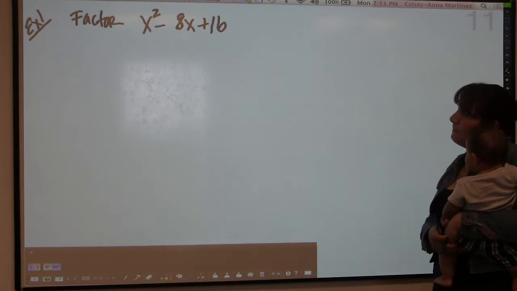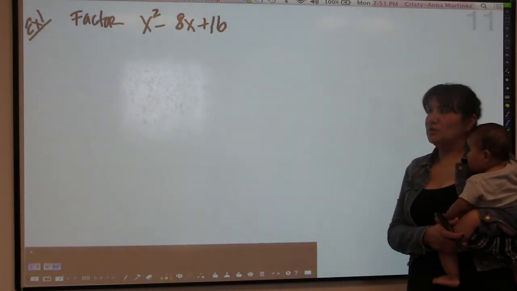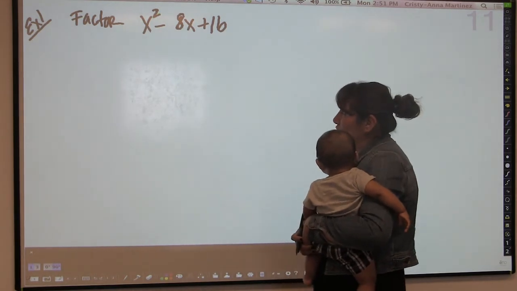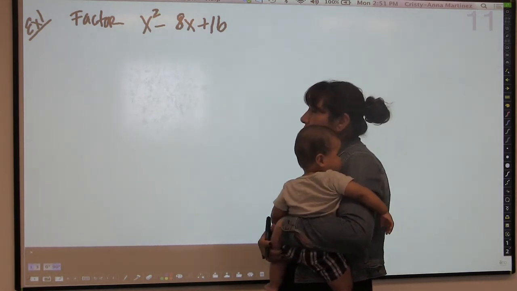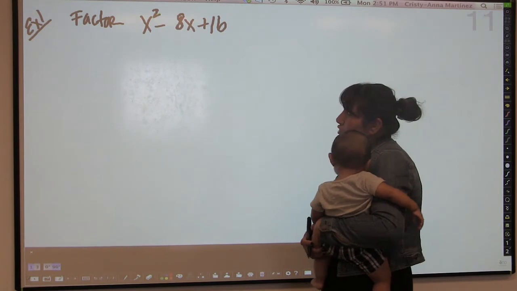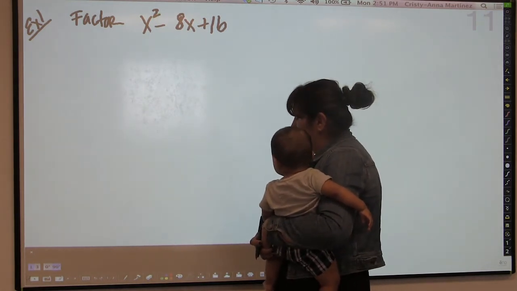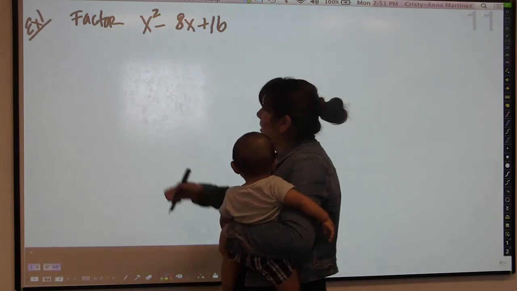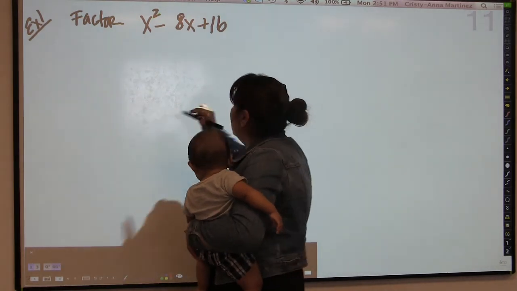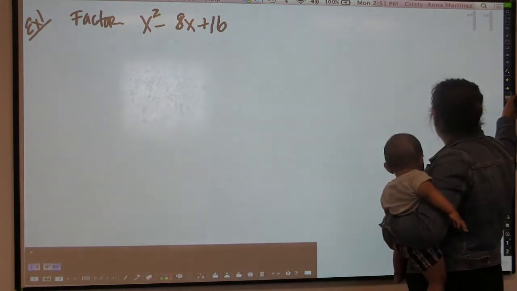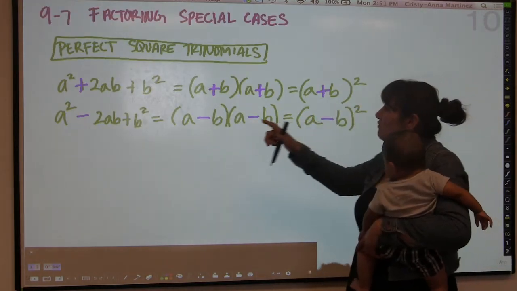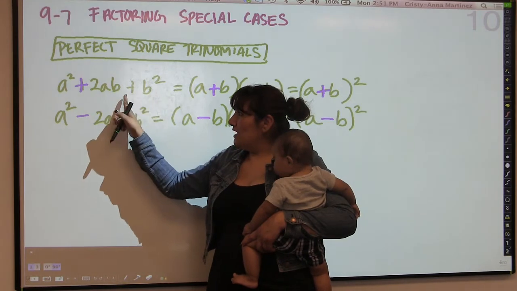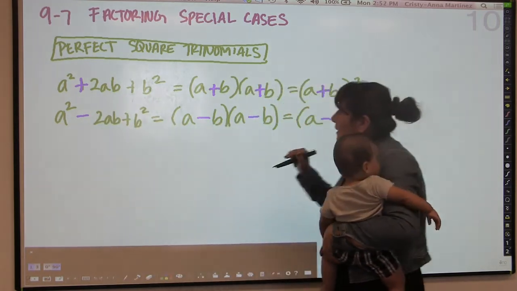Here's an example. There's actually 2 ways to do this. So I'm going to do method 1, and then I'm going to show you how to factor using our previous method, and you can of course use that method as well. The key here is to recognize first and foremost, if you look at the previous formulas, that you're looking for an a squared and a b squared, and then you want to make sure that 2ab actually works out.